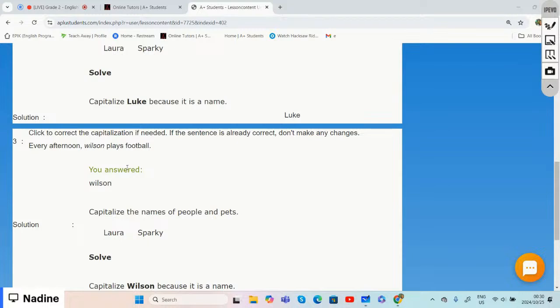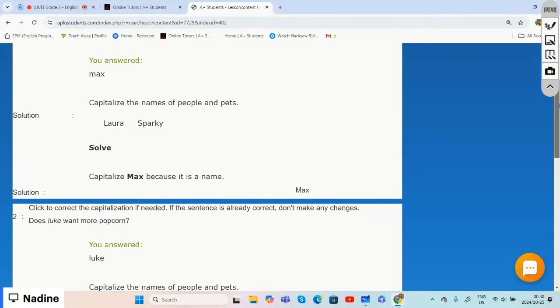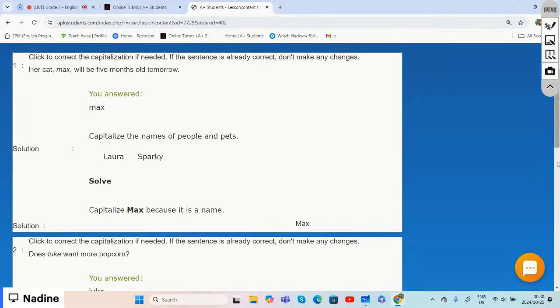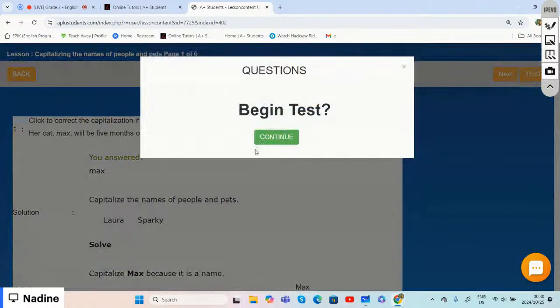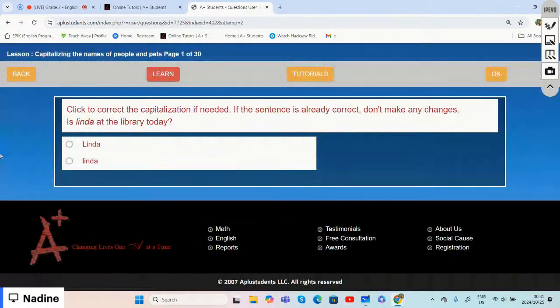So remember, once again, we said we capitalize names of people and we need to capitalize names of pets, your dogs, your cats, your hamsters, and so on. All right. So now we're going to our test where we are going to capitalize the names of people and pets.